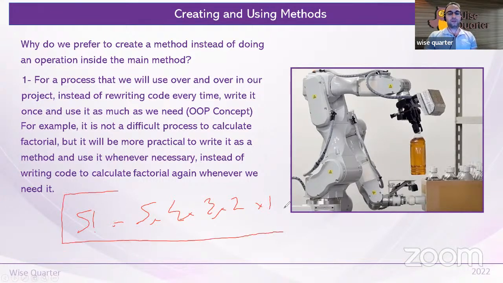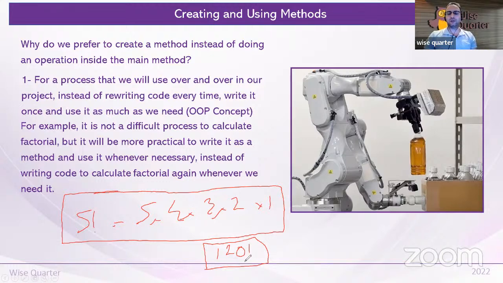You can calculate it like this. If you need to calculate a factorial only once, you do not need to write any method for that. But let's say you need to calculate very big numbers like this, and you will use them a lot of times in your application. I don't know why, there might be a reason. Don't think about that, think about the logic.